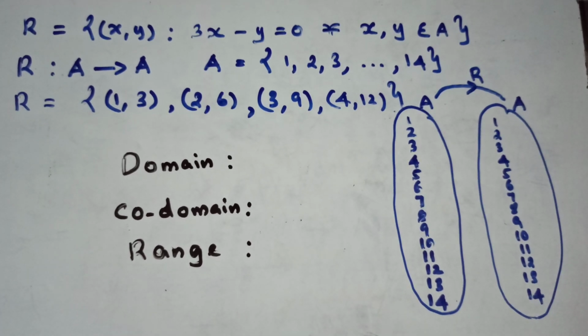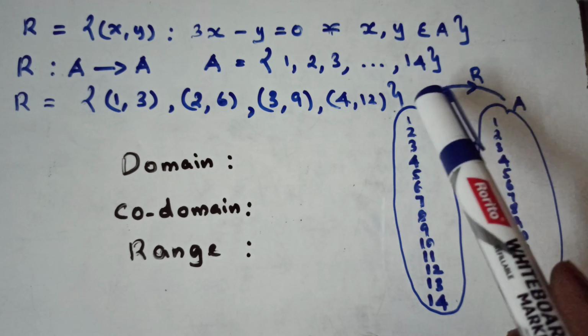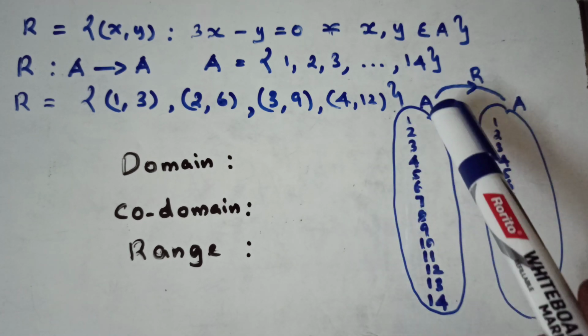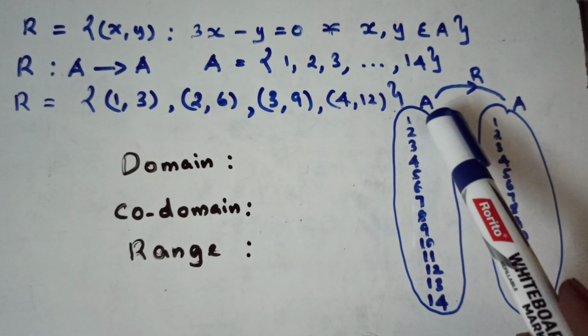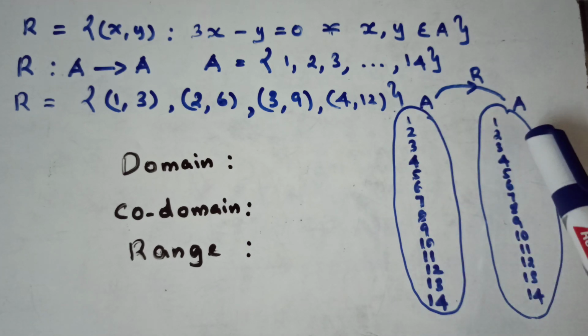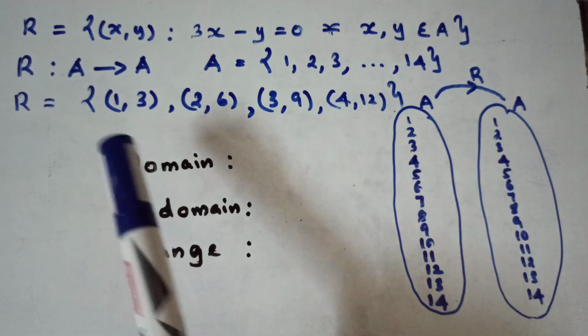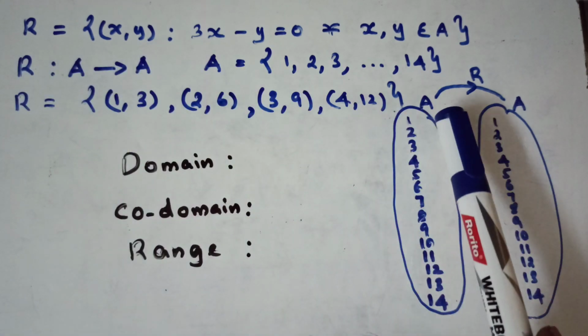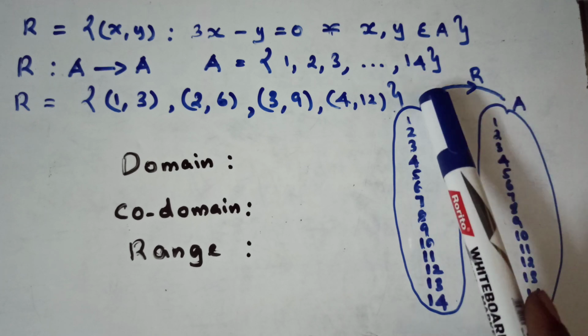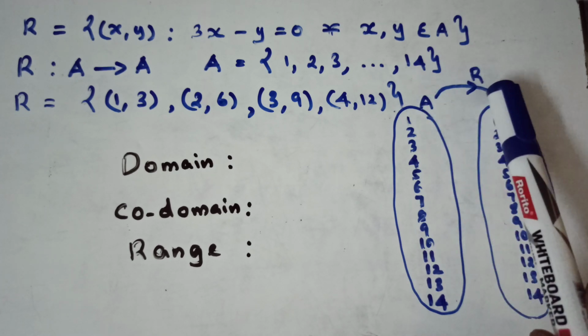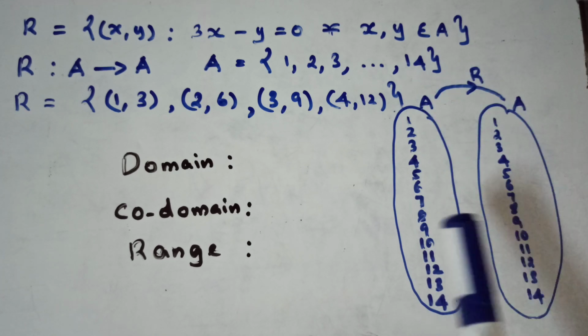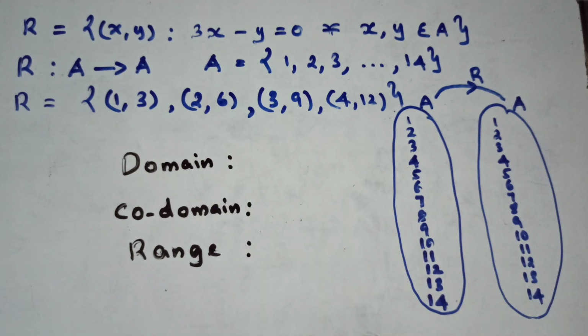It is easy to understand using an arrow diagram. This is an arrow diagram with elements of A on both sides, starting from 1 to 14, since the relation is from A to A, so A even over here, and it is related by R. Mapping this, we can easily find domain, codomain, and range.